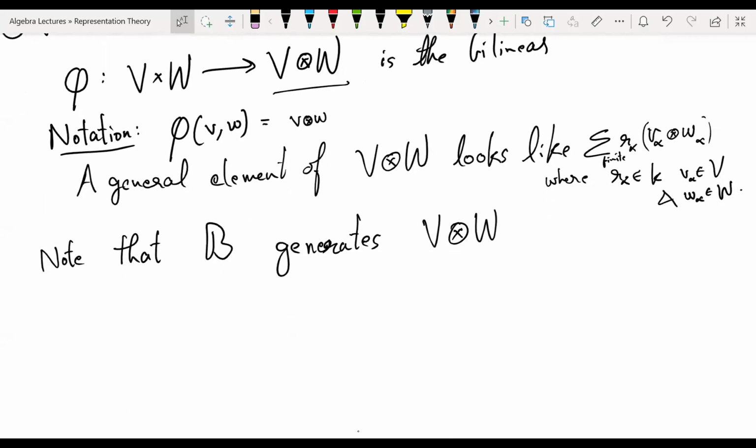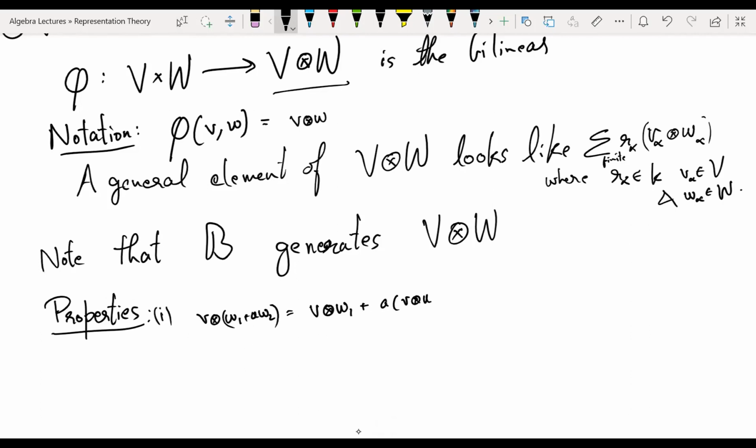So some properties: since phi is bilinear, what you know is that v tensor (w1 plus a w2) is the same as v tensor w1 plus a times v tensor w2, and similarly in the other variable, for all v in V, w1, w2 in W, and a in the base field K.